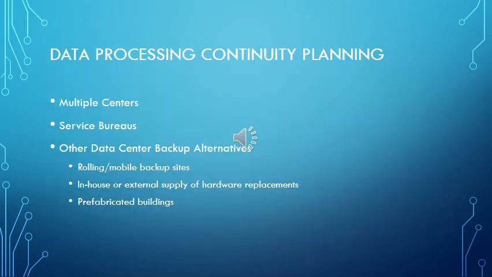Multiple centers. A variation of the previously listed alternative sites is called multiple centers or dual sites. In a multiple center concept, the processing is spread over several operation centers, creating a distributed approach to redundancy and sharing of available resources. These multiple centers could be owned and managed by the same organization as in-house sites or used in conjunction with some other sort of reciprocal agreement.